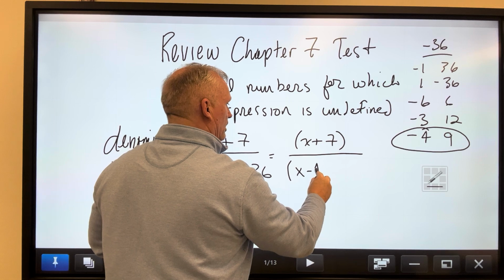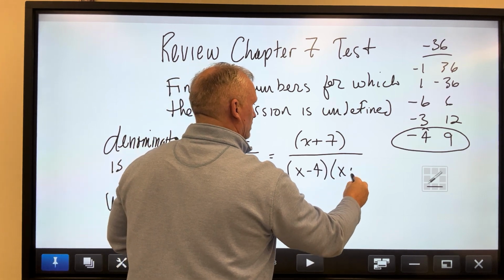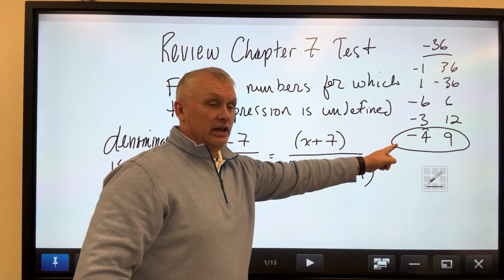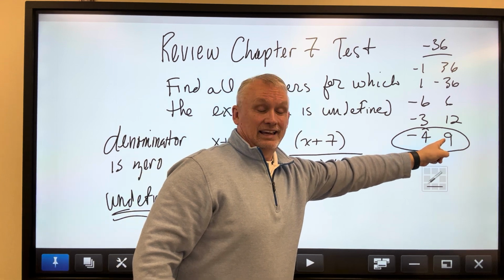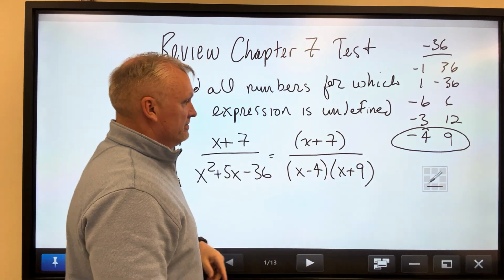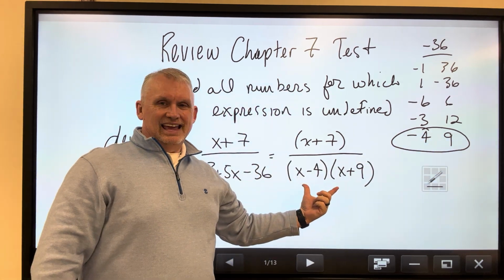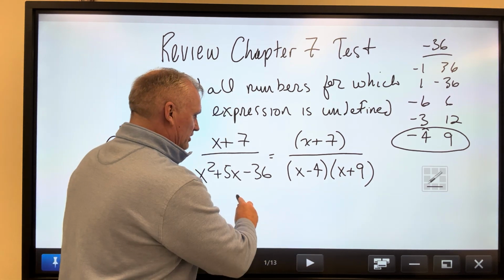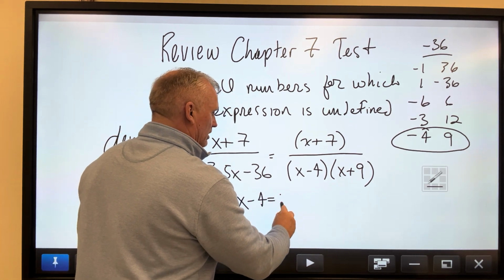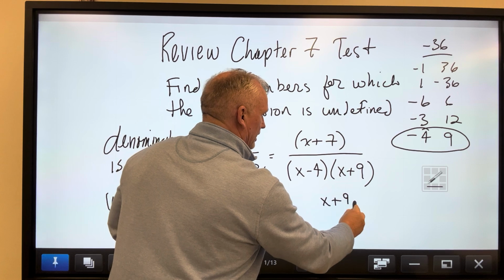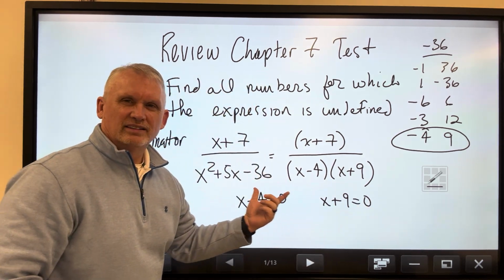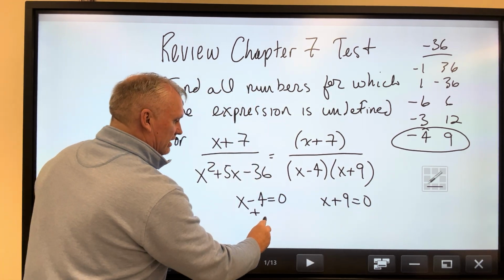X minus 4, x plus 9. Remember, you're using the signs. If there's no sign there, it's plus. Now, take each one of these things in the denominator and set them equal to 0. Take each one of the parentheses and set it equal to 0. Solve it.